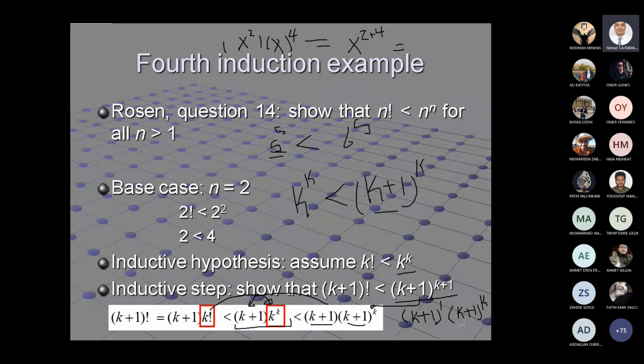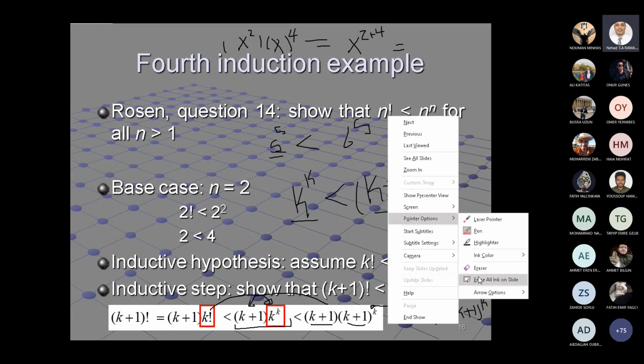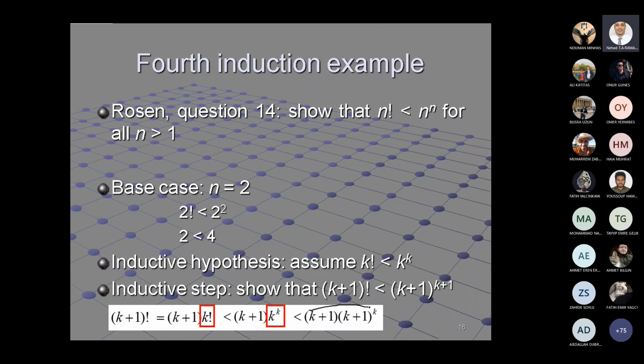So always k plus 1 to power k is greater than k to power k. So shortly, this left hand side is greater than the right hand side.